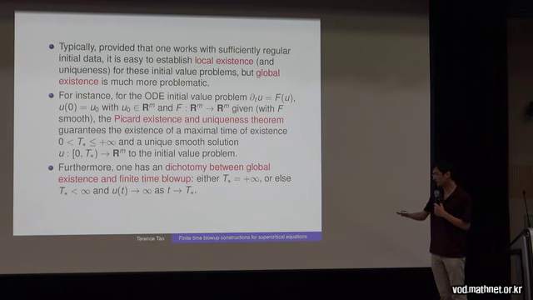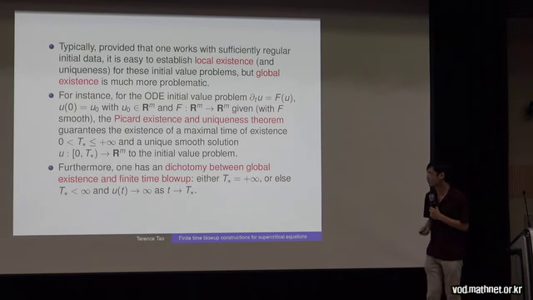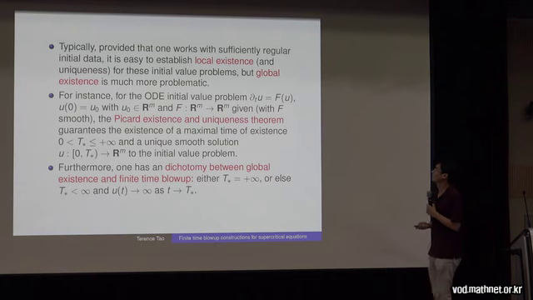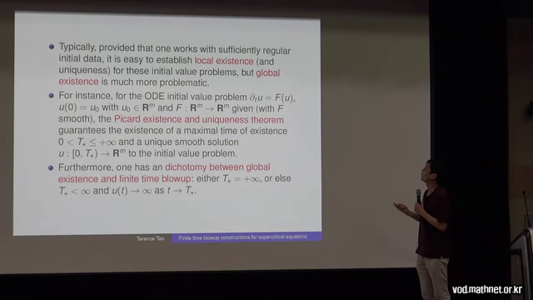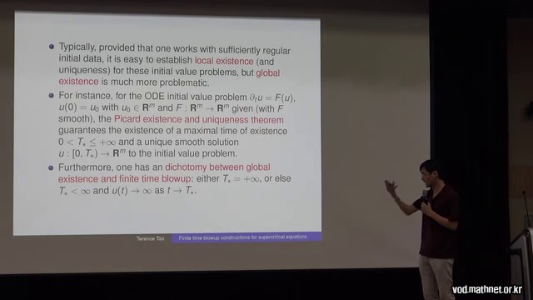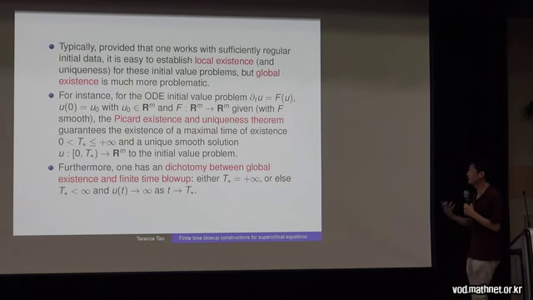There's some short period of time where the fluid is guaranteed to evolve properly without developing any weird singularities, or your wave is not going to blow up on you. But what is usually more difficult, and often actually unknown, is the global existence problem, whether you can actually solve your equation for all time. And sometimes you can, sometimes you can't.